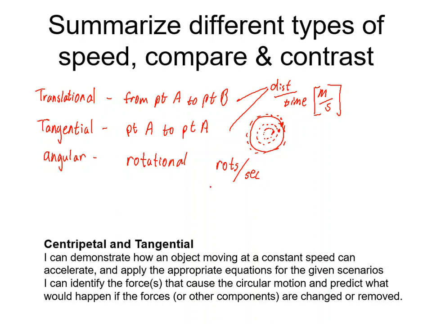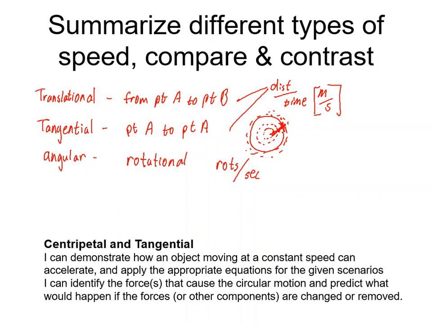Okay, but in this case, we're talking about the entire chunk of this object. This whole thing is going around at a particular speed, and it doesn't really matter what the radius is. The angular or rotational velocity doesn't care about how far you are from the center, from the axis of rotation. We don't care about the radius.